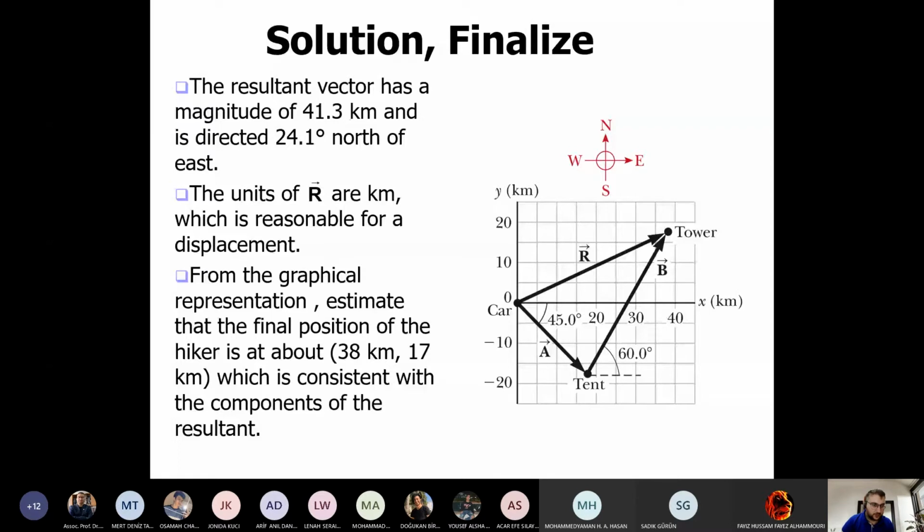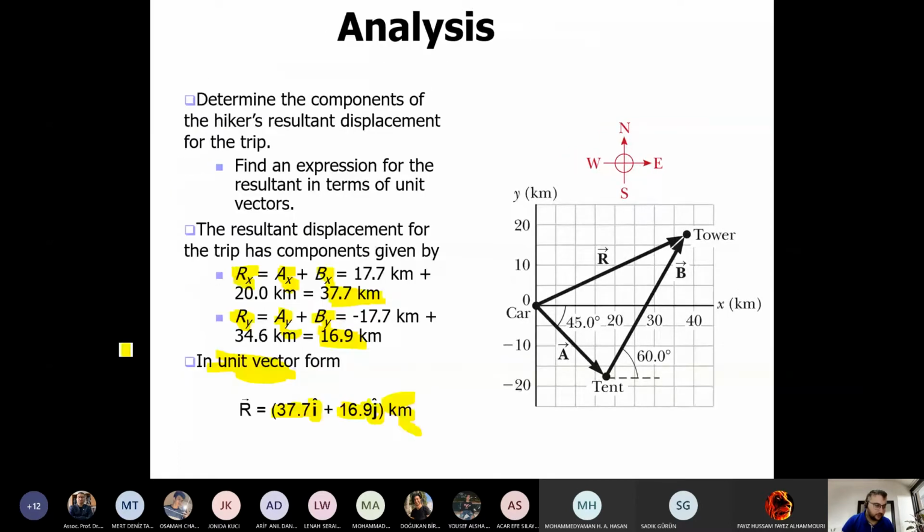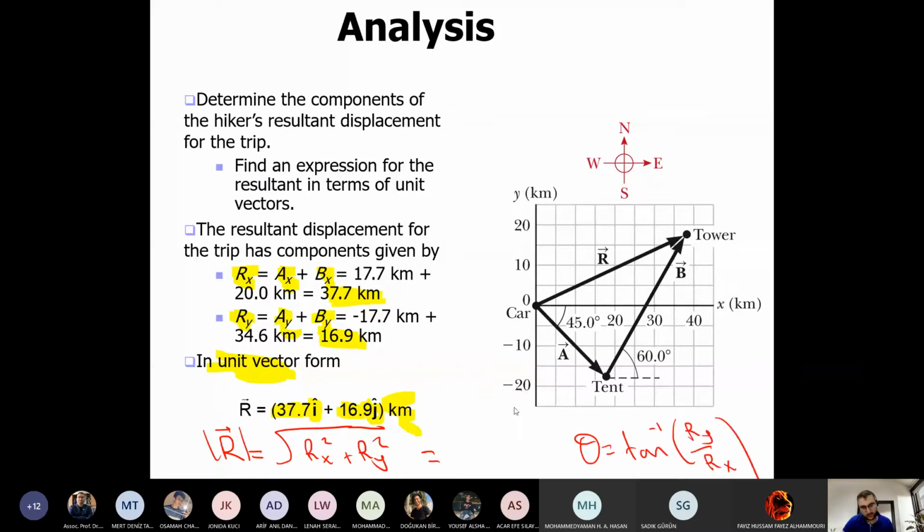So how can you calculate, for example, the magnitude? The magnitude is R equal to, if you want, you can put the absolute value to show it, square root of Rx squared plus Ry squared. Okay, you can calculate it, and also you can find the angle theta is equal to tangent inverse of Ry over Rx.